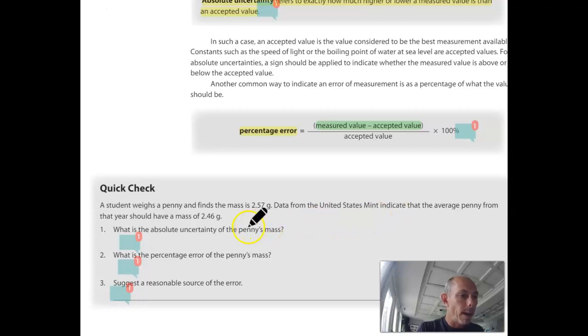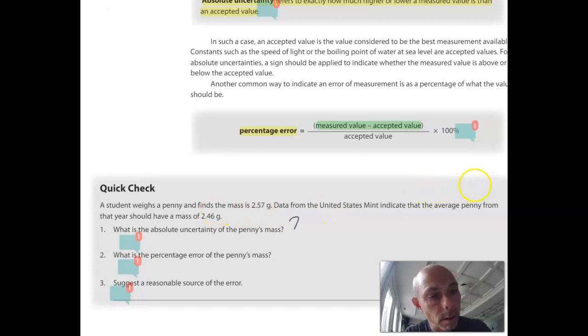All right, so 1 asks us for the absolute uncertainty, which again is the difference between a measured value and the accepted value. Looks like a student finds the mass to be 2.57, so that's the measured value. And the actual mass is 2.46. So we're going to go measured minus actual.